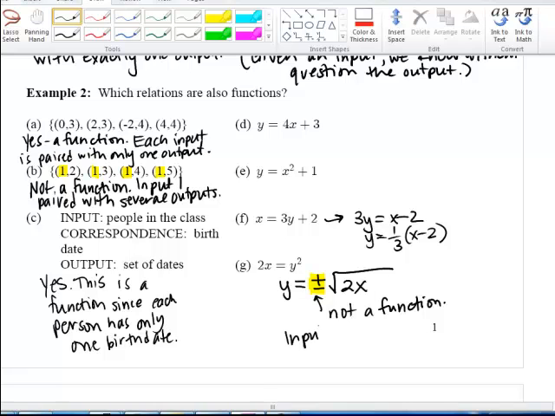Inputs have more than one output. Like if x is 1, for example, y would be either square root of 2 or negative square root of 2.